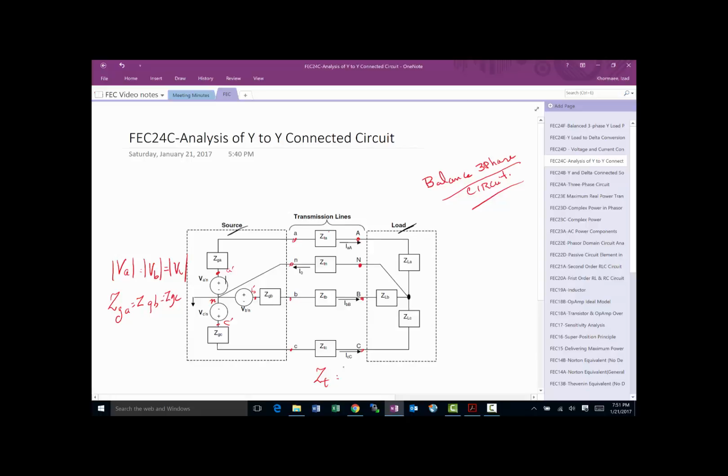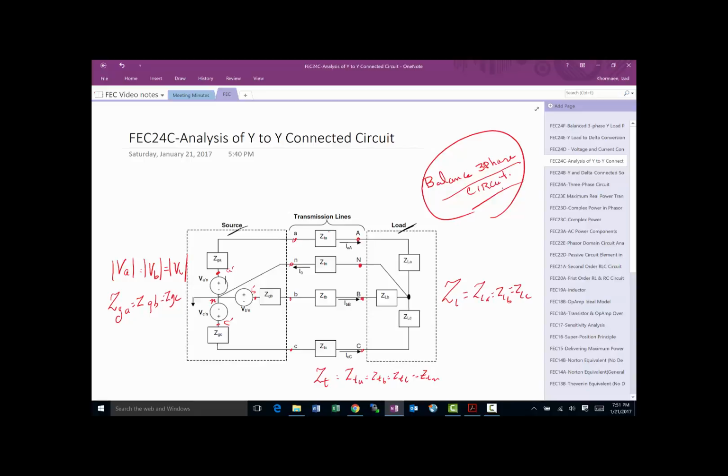So Z transmission should be the same: ZTA must be equal to ZTB, must be equal to ZTC, must be equal to Z transmission N. Same thing for the loads. Z of load must be the same, so ZLA must be equal to ZLB, ZLC. That's a prerequisite for having a balanced source. The reason it's important to have a balanced source is that for maximum power delivery and efficiency, that has to be true.